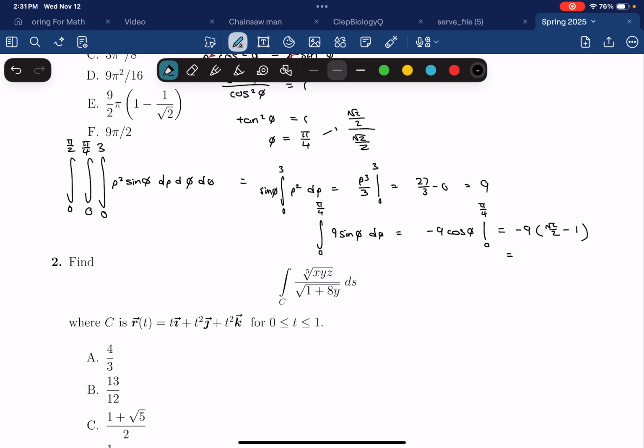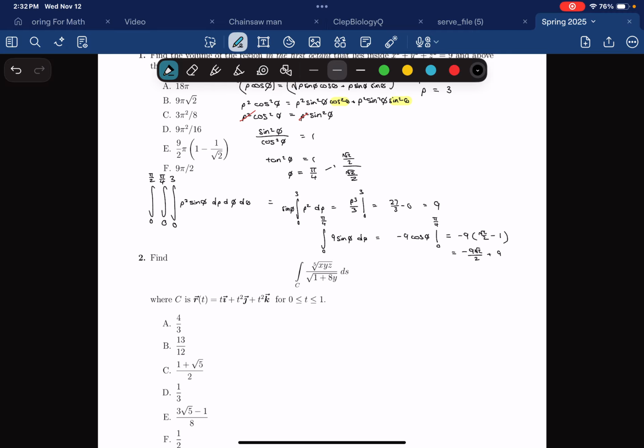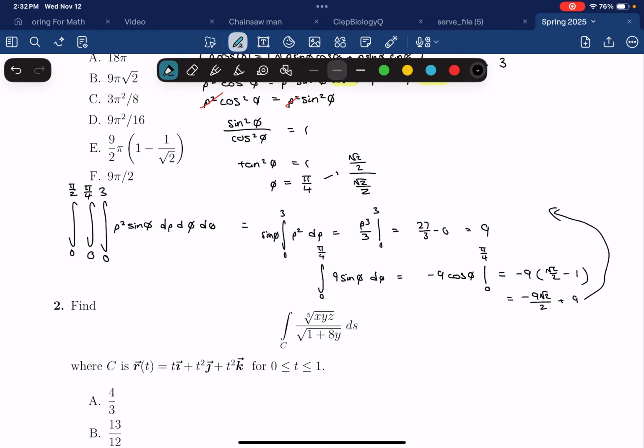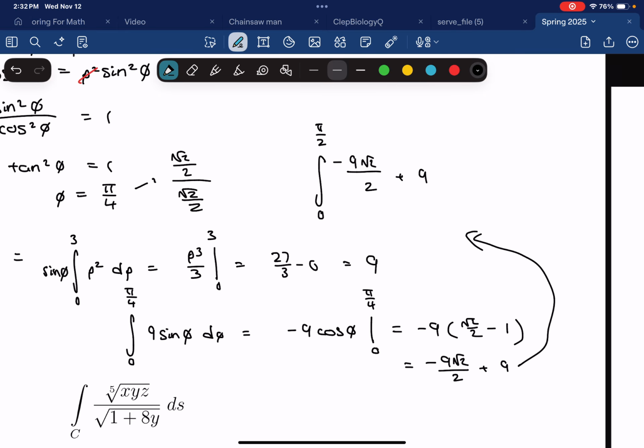So you just get negative 9 square root of 2 over 2 plus 9. Our last integration will be from 0 to pi over 2 of negative 9 square root of 2 over 2 plus 9.